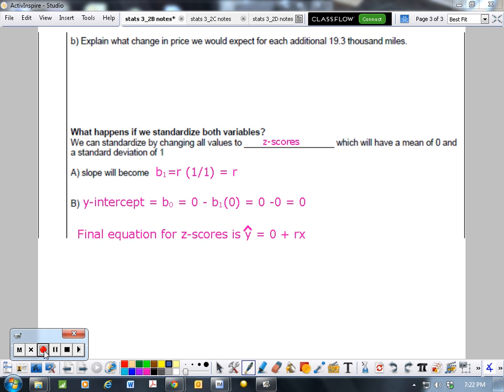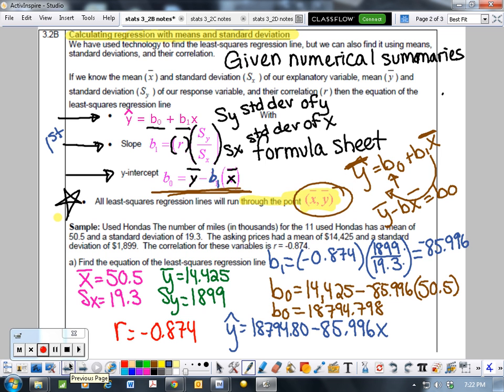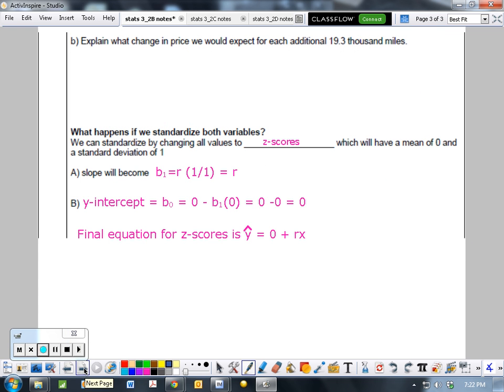So I can take this slope, negative 85.996, and multiply by that additional 19.3 thousand miles, and that will tell me how much the price is going to change. I don't have to worry about all the other information, because the other information tells me how much it is at a certain point. I just need to know how much there's going to be a change, and that's why we have slope, which is a rate of change.